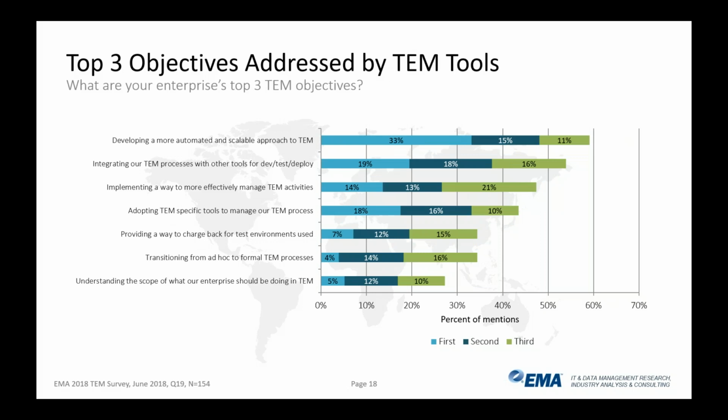Okay, and then finally, objectives regarding the TEM market space. We use the same format here, and in this slide, the respondents were pretty clear that developing a more automated and scalable approach to TEM and integrating TEM processes with other dev, test, and deploy tools were the most important objectives, both from a #1 ranking standpoint and from overall mentions.